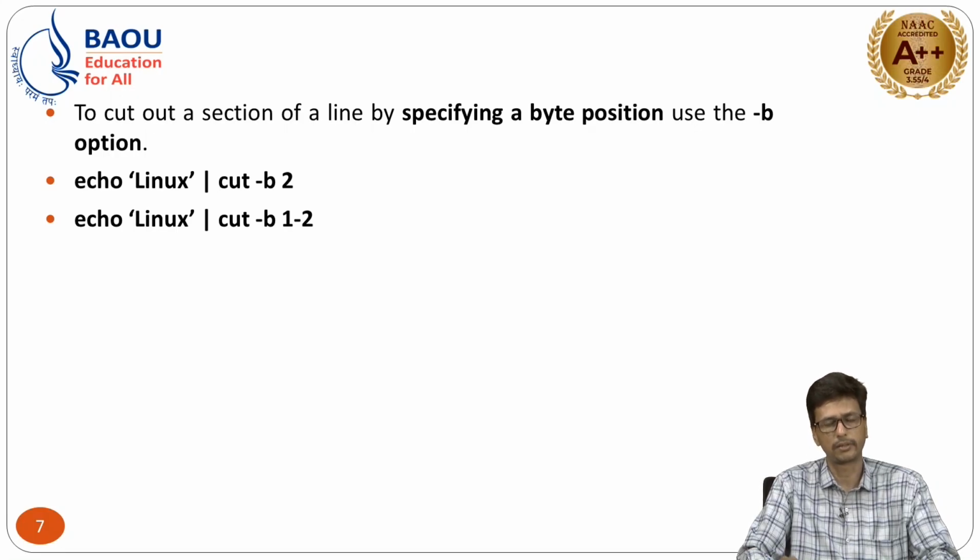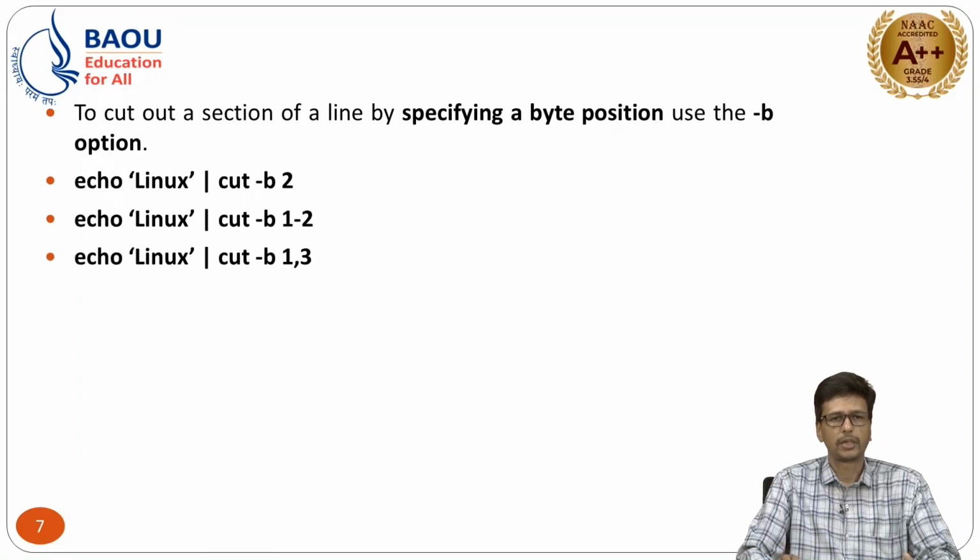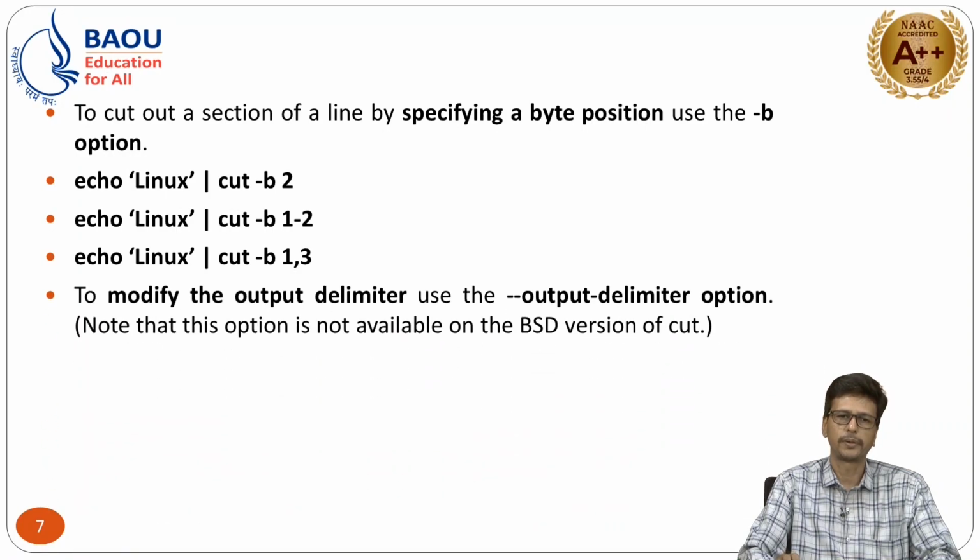It is the feature called redirection, that means whatever the output of one command is applied to another command as an input, that is the main role of the pipeline, right. Now again, if you are requiring some specific bytes not in a range, you can separate them with a comma. So in this case I require the first byte and then the third byte, so I am using 1, comma, 3.